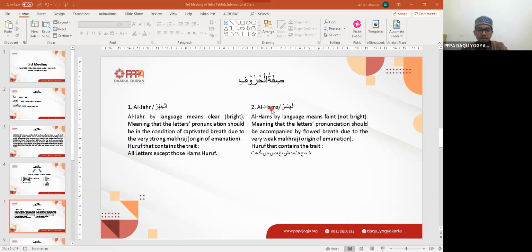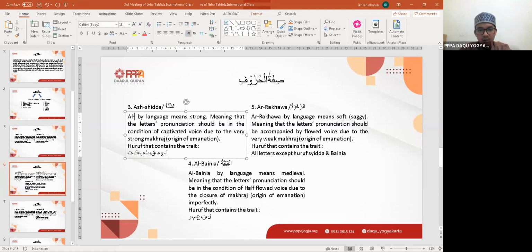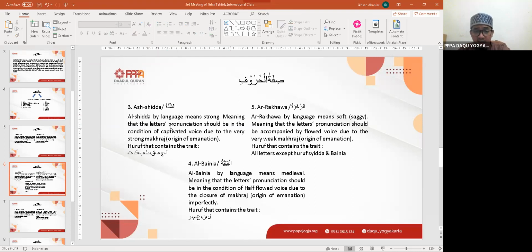Okay, let's move on to the next. The next will be ashiddah, al-bainiyah and ar-rakhawah. Ashiddah by language means strong, meaning that the letter's pronunciation should be in the condition of captivated voice due to the very strong makhraj, or origin of emanation.